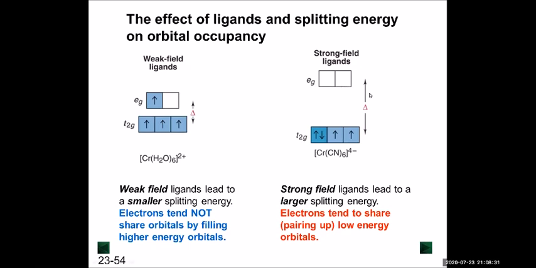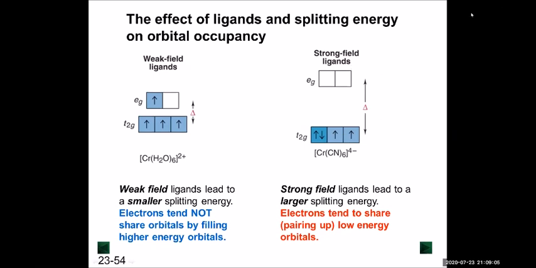You have a larger gap for electrons to occupy, and the repulsion between paired electrons sharing the same orbital is small compared with the gap. So instead of overcoming the gap to occupy the high energy orbitals, the electrons would pair first. Then any remaining electrons, any extras beyond 6 electrons, will start to occupy the high energy orbitals.